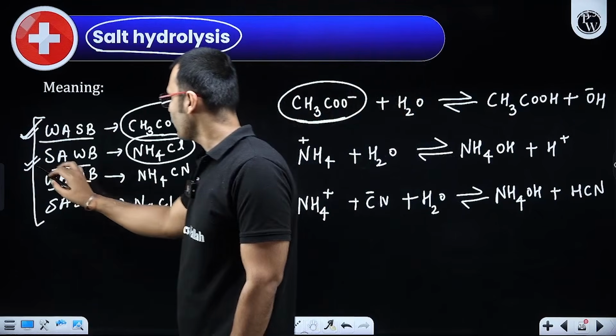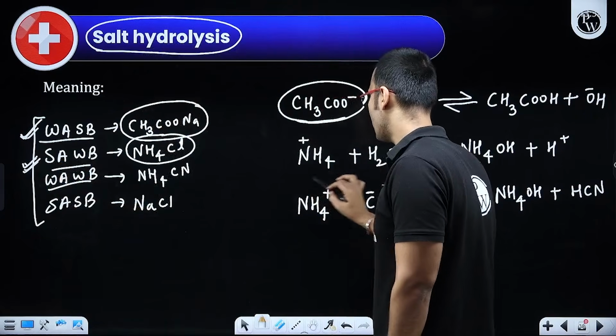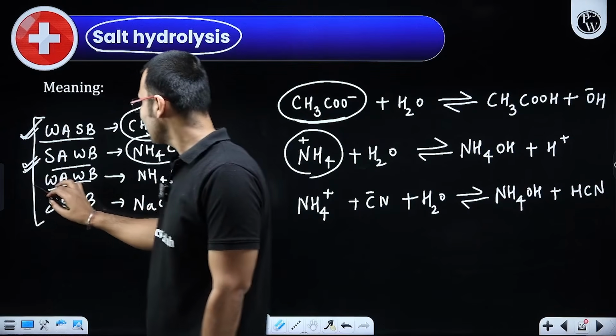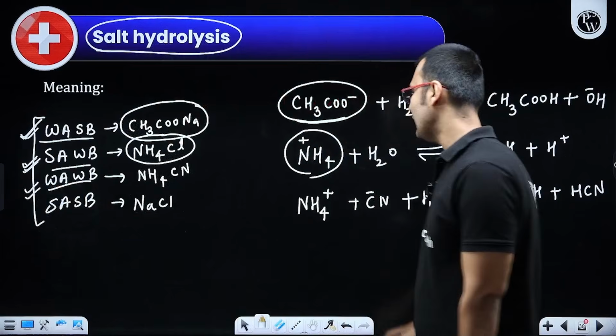In case of strong acid weak base, we have cationic hydrolysis. And in case of weak acid weak base, we have both cationic and anionic hydrolysis.